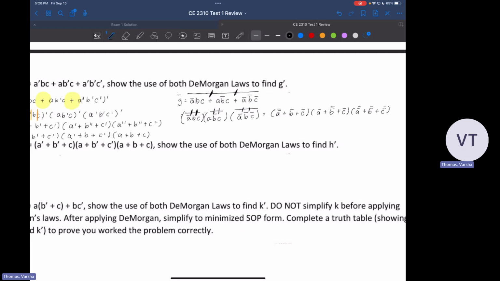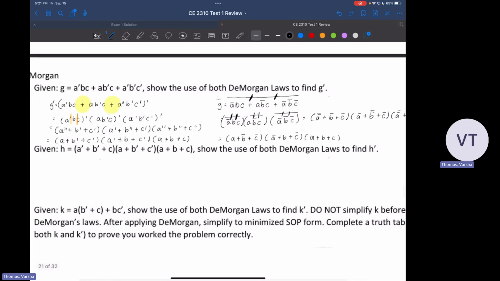And like I said, double inversions cancel. So at the end, I will get the same exact answer, which is A or B naught or C naught, and then A naught or B or C naught, and then A or B or C. So those do the same exact thing, different notation.